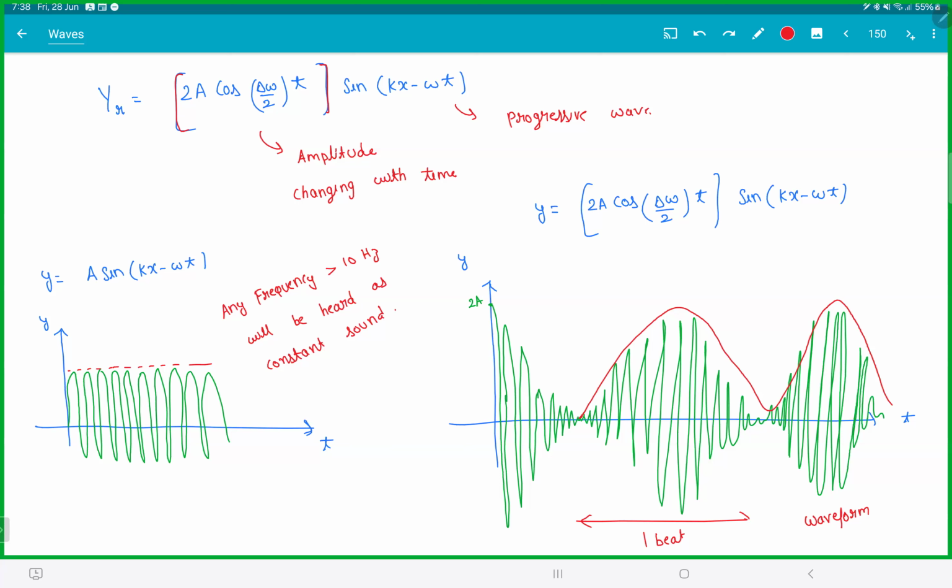Let me show you how it would look. I need a multiple tone generator. Why am I not getting this?